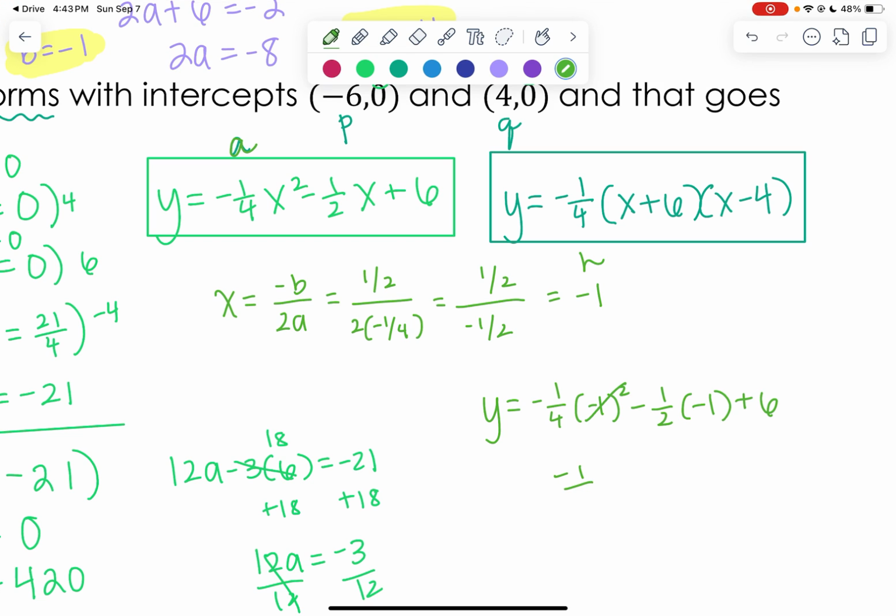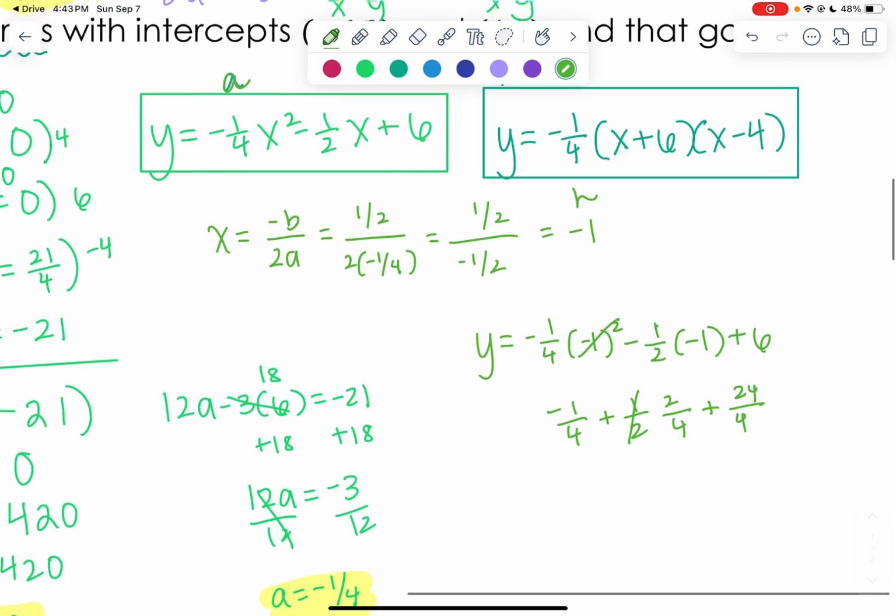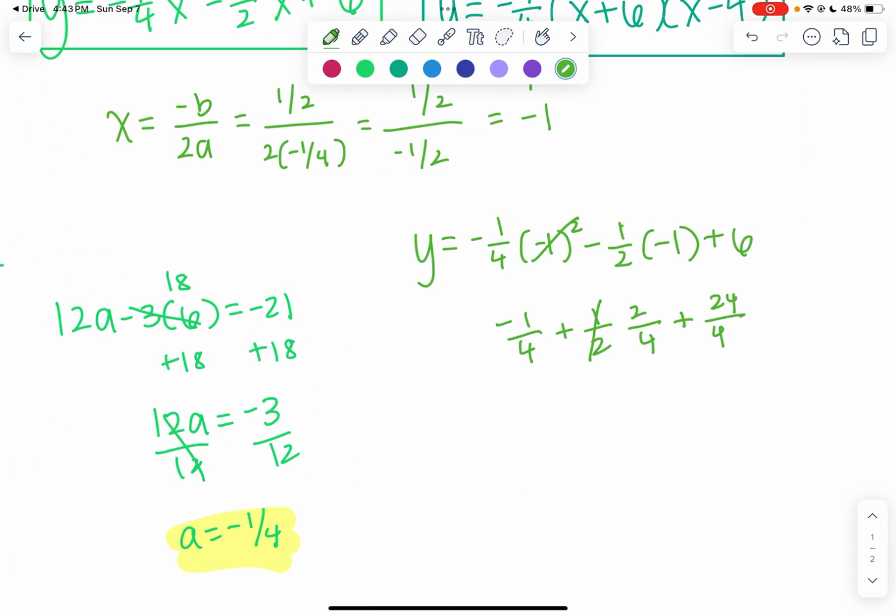Negative 1 squared is just 1, so that's negative 1/4. Negative 1/2 times negative 1 makes that plus 1/2. And remember that 1/2 is 2/4, plus 6, and 6 was 24/4. So 24/4 plus 2/4 minus 1/4. 24 plus 2 is 26, minus 1 makes that 25/4.